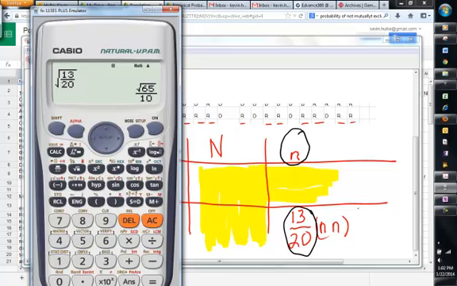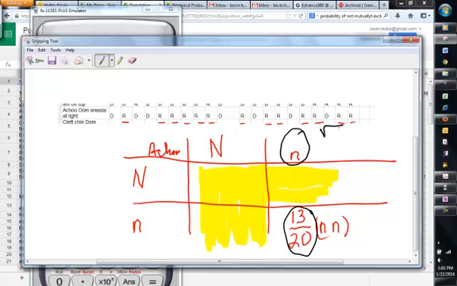And we get the square root of 65 over 100. It's the square root of 65 over 100 here.